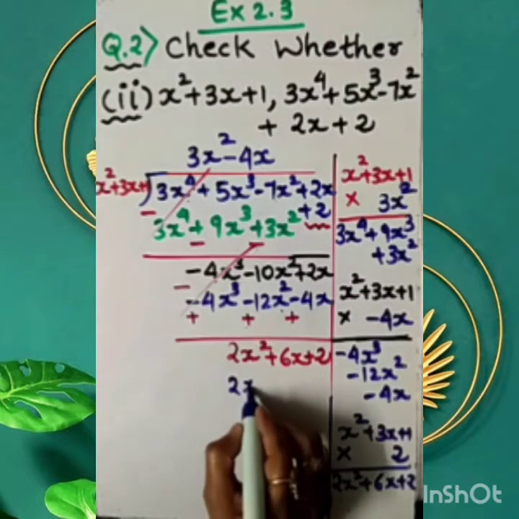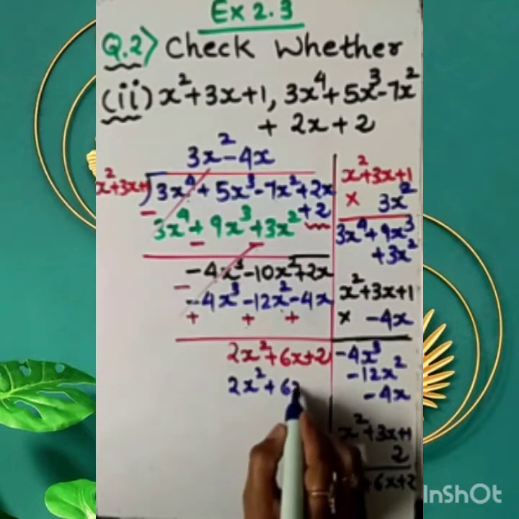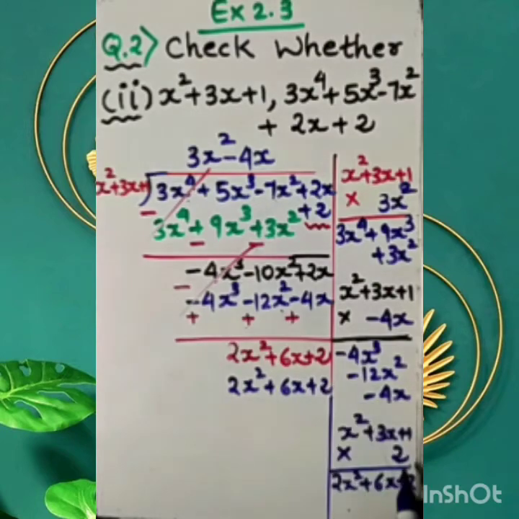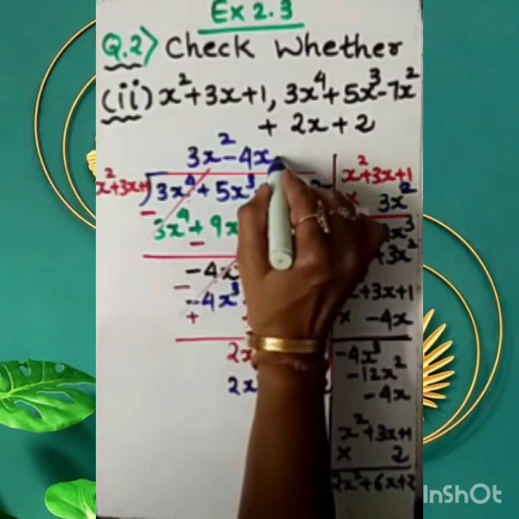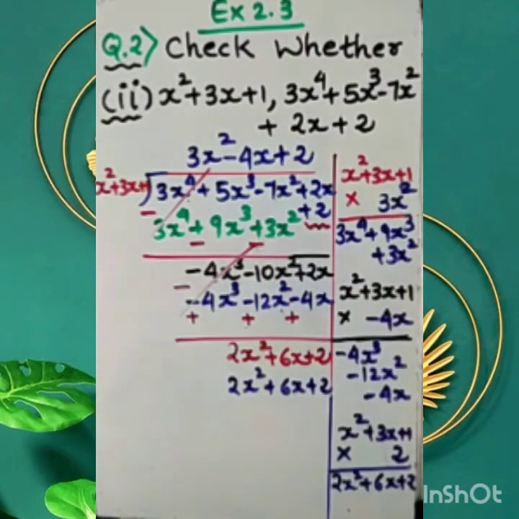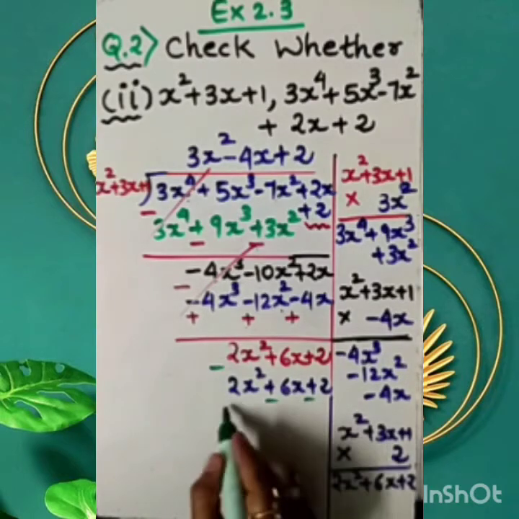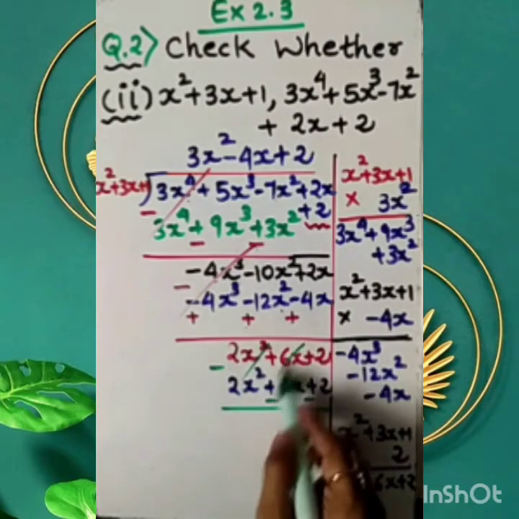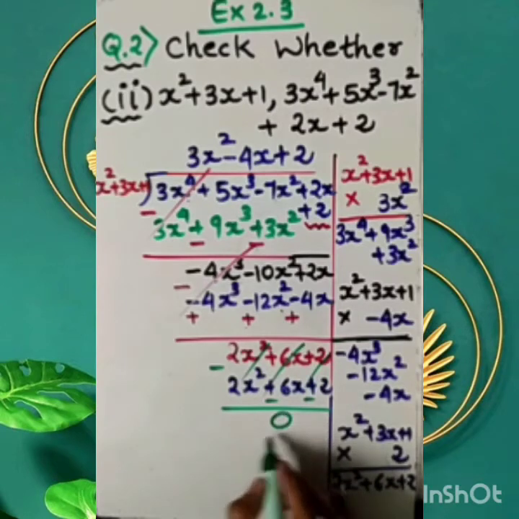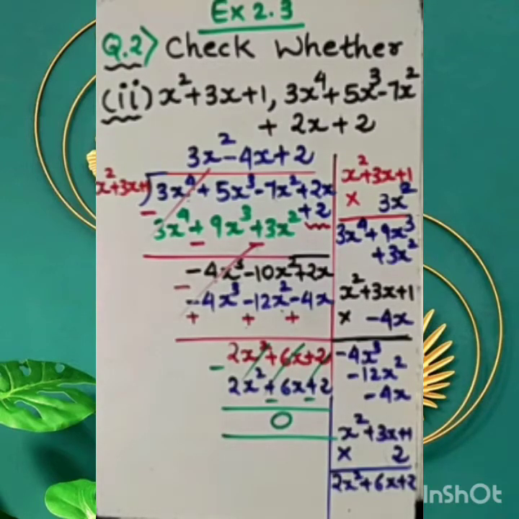So dear student, 2x square plus 6x plus 2 I am mentioning here, and I have multiplied it with 2, so in the quotient I am writing plus 2. Now as usual we need to change the sign, so here I am writing the minus. So all this term with the opposite sign gives the remainder 0.